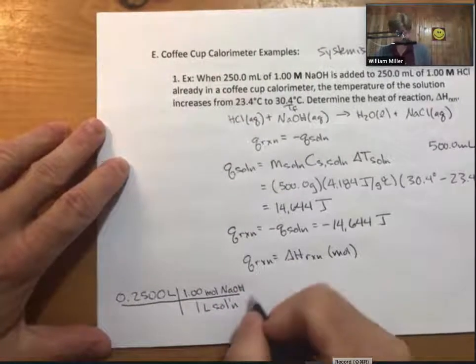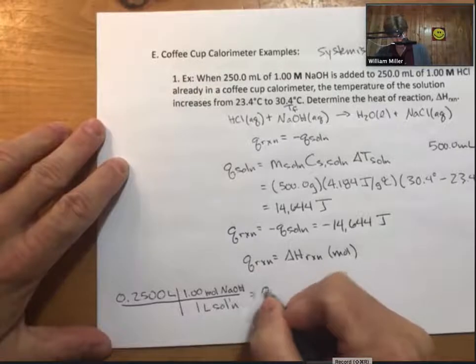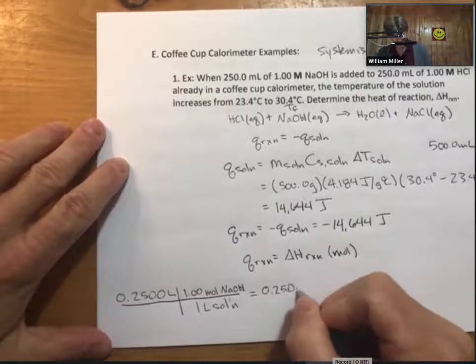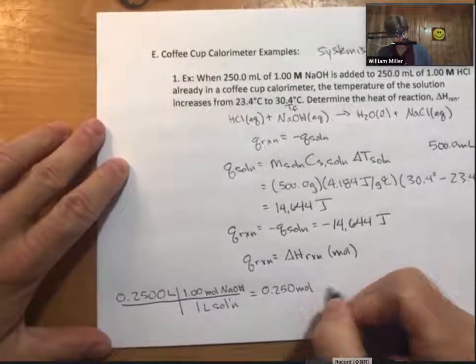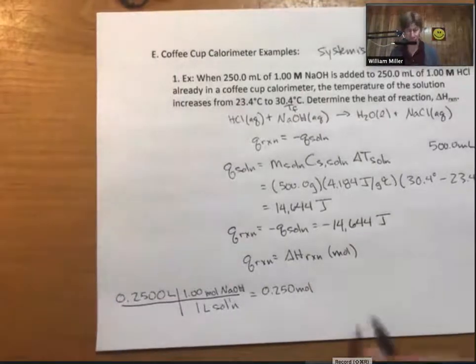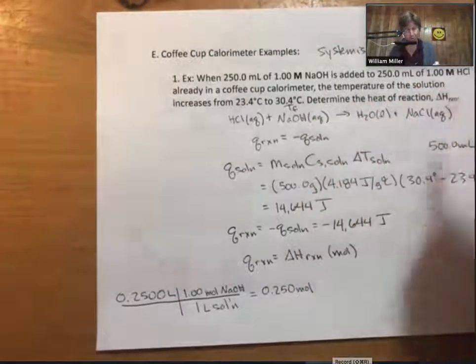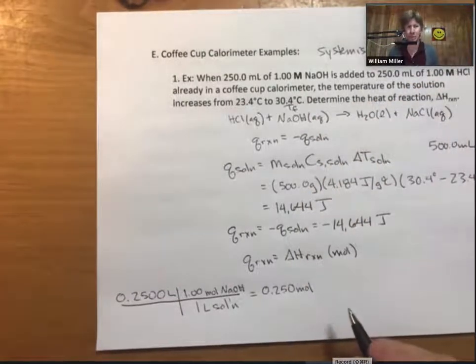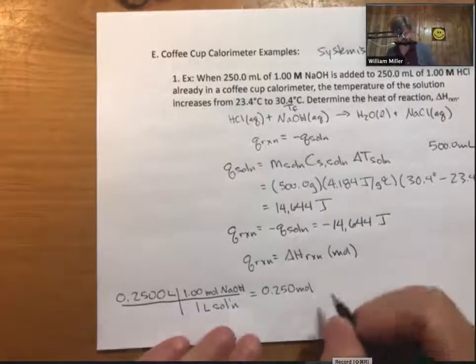Our liters cancel out. Our number is 0.250 moles, and those will be our moles reacted, whether they're sodium hydroxide or HCl for this problem. We'll do later problems in which there is a limiting reactant, and we have to solve for that as well.